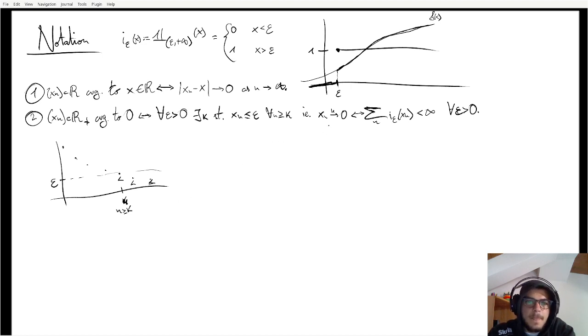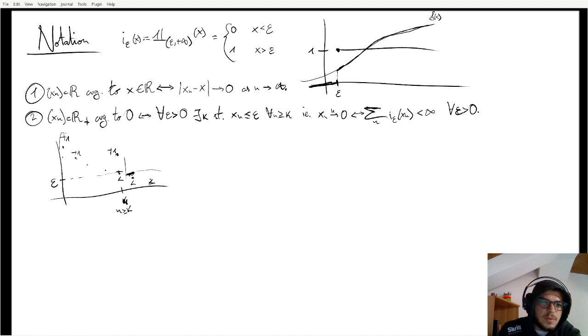Which means xn converges to 0 if and only if the sum of indicators is finite. If a point is here it contributes a 1, if a point is here it contributes a 0, or we simply do not sum anything. So we will have a finite sum, plus 1, and so on, but up to some point we don't have any contribution.